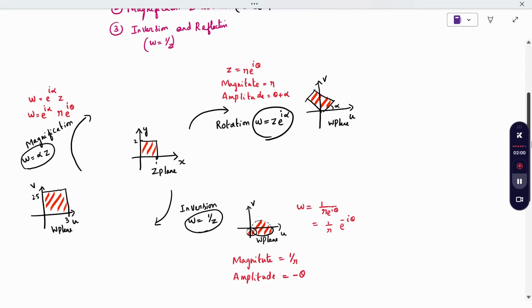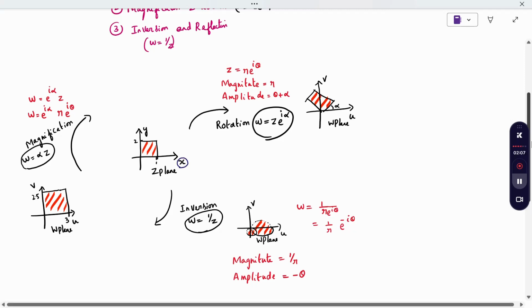With respect to that, the parameters also change. In the Z plane we take the axes to be x and y, but when we convert to the W plane, the x-axis will be U and the y-axis will be V. After the conversion of the given question into a W plane, you get one answer. According to the answer, you draw the W plane diagram.